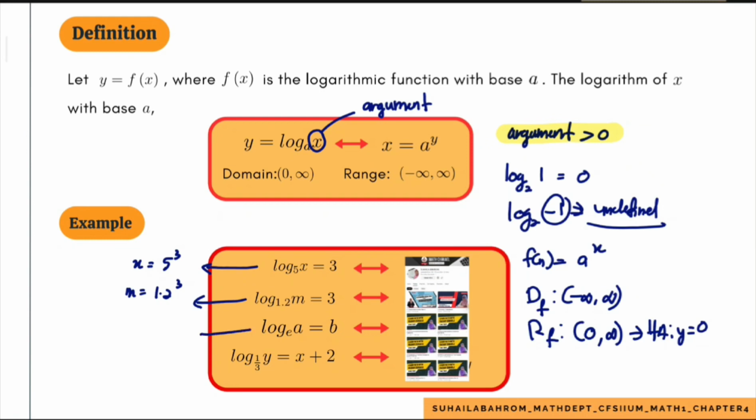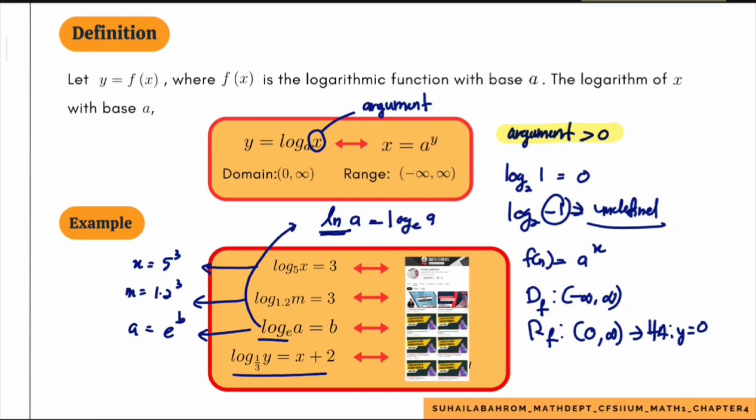Then the next one, we have log with the base e, which normally we rewrite as ln a. So ln is actually log with the base e. We always write log with the base e as ln. So for this case, in terms of exponent, a is equivalent to e power of b.